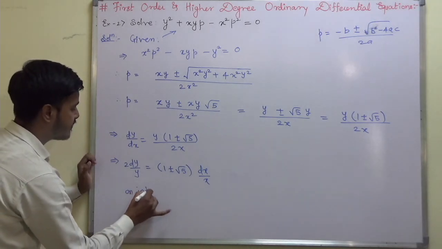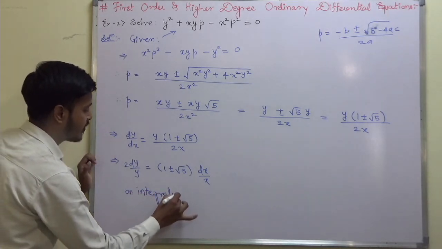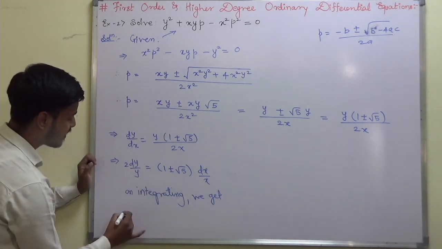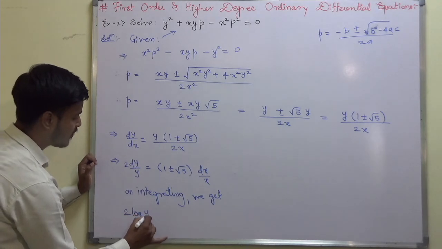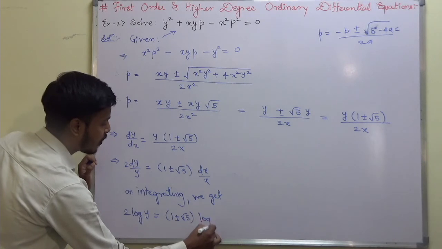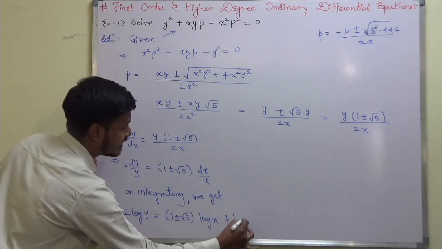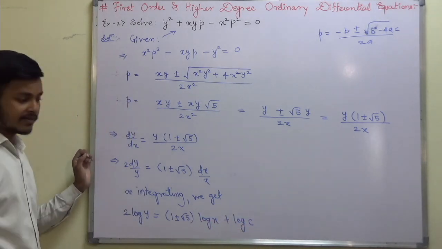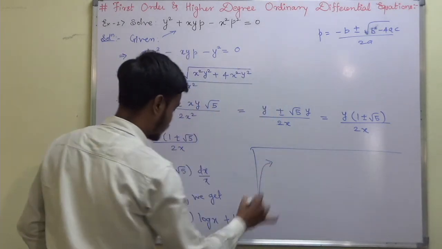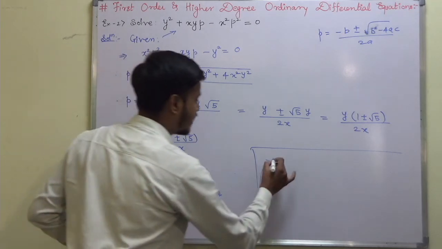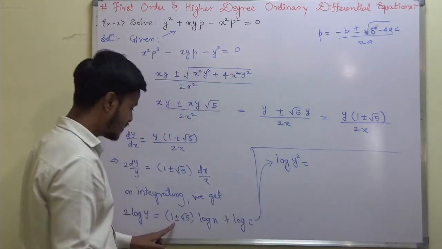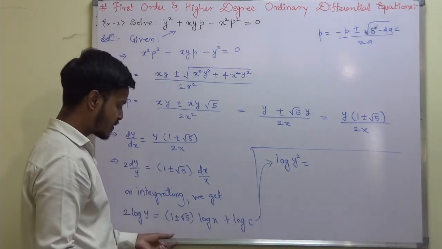So on integrating, let me write here. On integrating we get dy by y, so this is 2 log y. This is 1 plus minus root 5 log x, plus I can take constant to be log c, right? Now I will solve here. So this is log y square is equal to, this is log a plus log b.